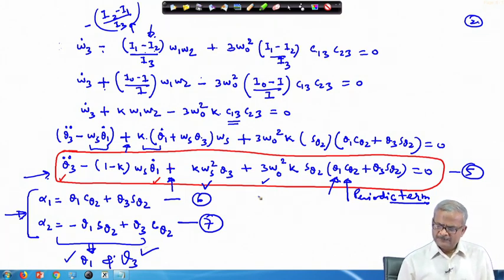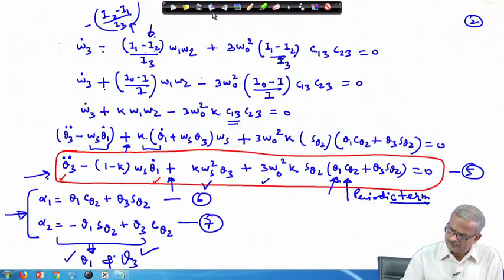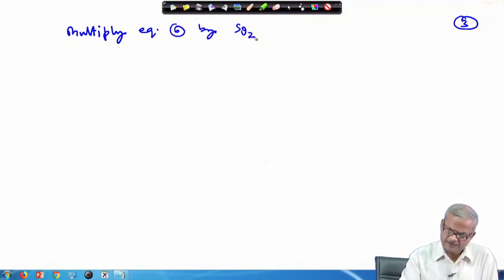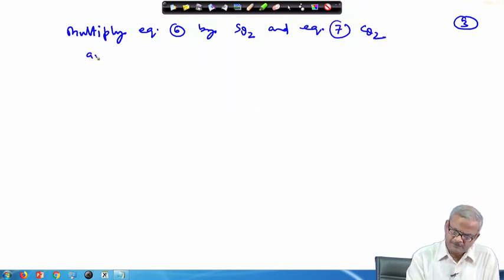And by inserting, we will be able to simplify these equations quite a bit. So, multiply equation 6 by s theta 2 and equation 7 by c theta 2 and add.